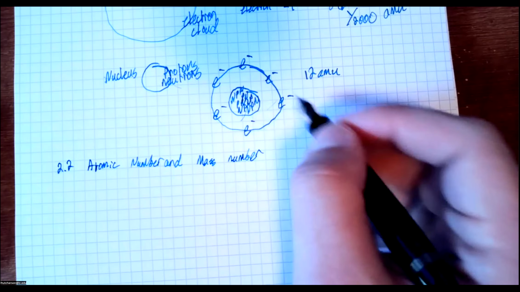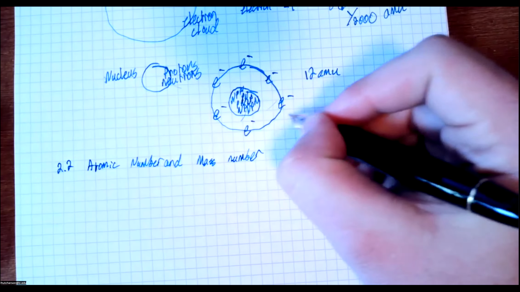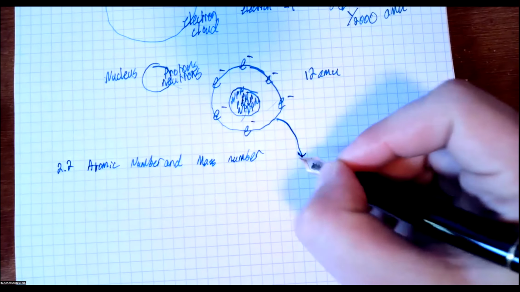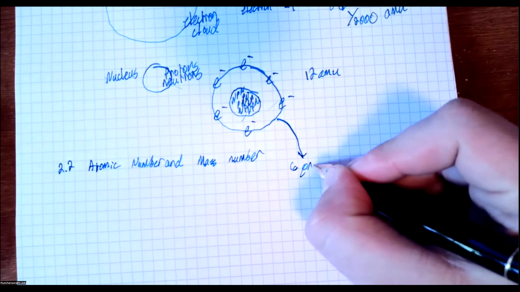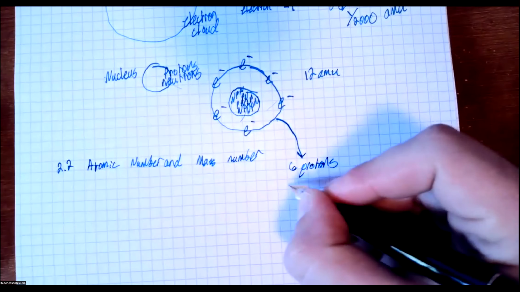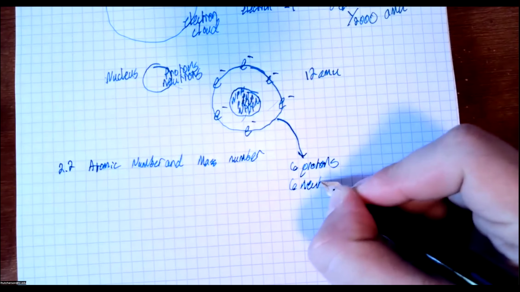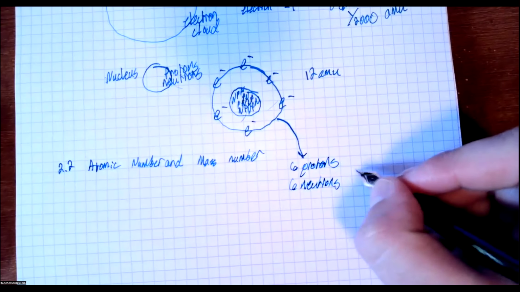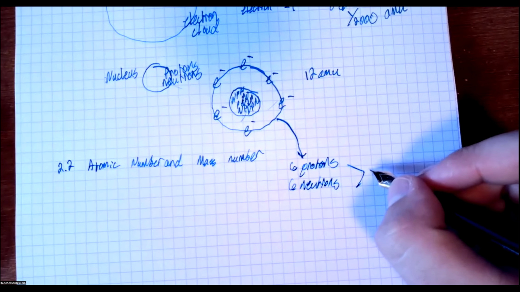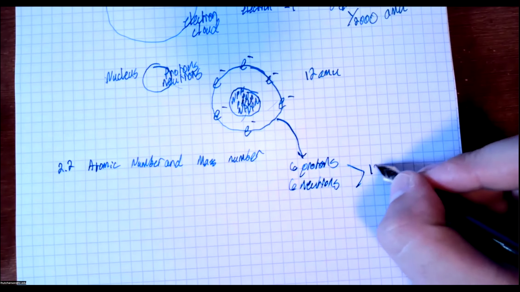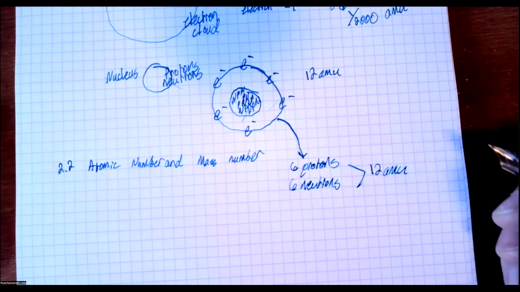Notice that, again, I'll remind you that in this drawing, we have 6 protons and 6 neutrons. And we established that this particular atom has a mass of 12 AMUs.